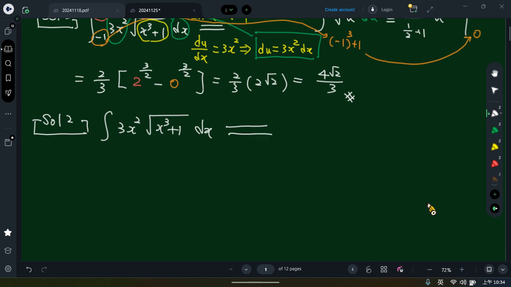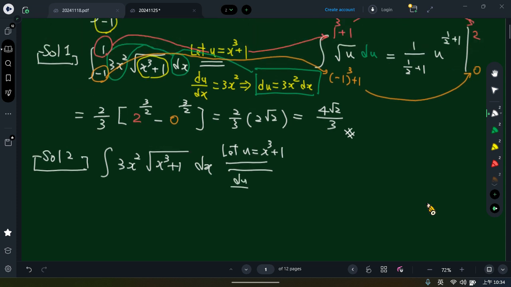So follow this. Again, you can just use u equal to x cubed plus 1, then of course you can also calculate this, right? Very similar for this step.